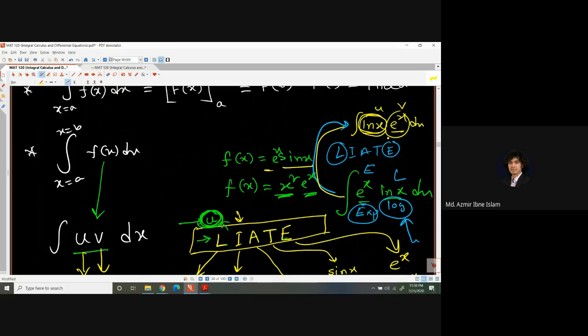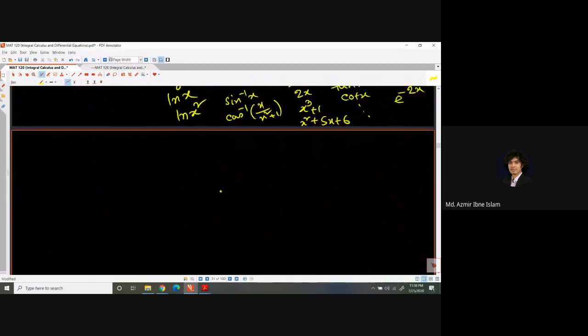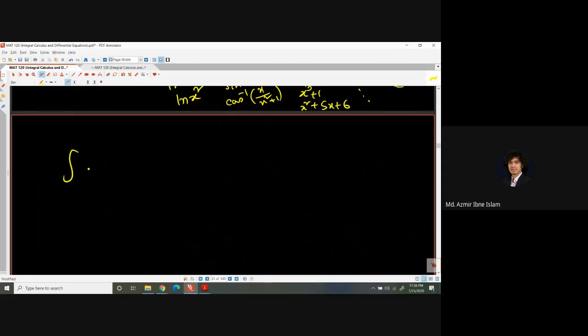Before going to apply u substitution in integration by parts, we have to understand LIATE clearly. I am showing you another example. Suppose we have the integration of e to the power x sine x dx. At first sight we can say this is u, this is v, because we have product form uv, but it is not like that. We have to check, if we remember LIATE, that this is an exponential function and this is a trigonometric function.